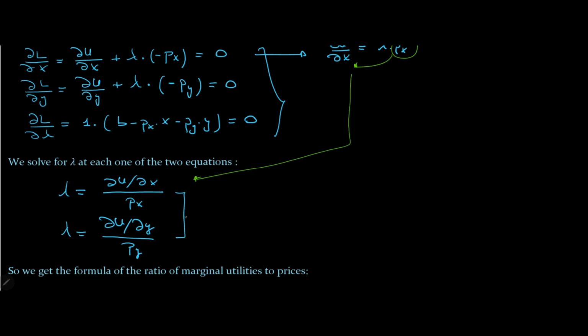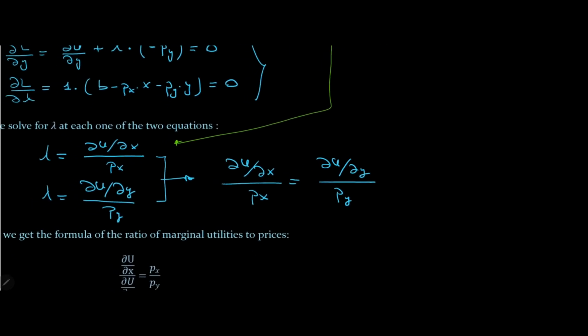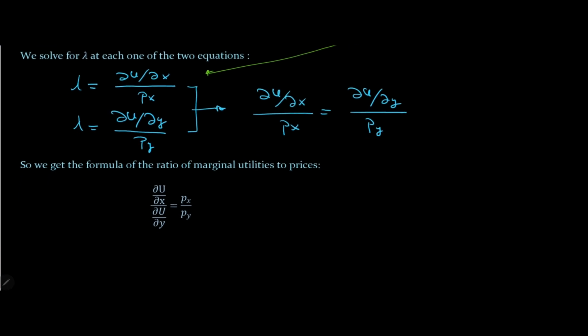Because those two lambdas are the same lambda, the partial derivative of utility according to x divided by px equals the partial derivative of utility according to y divided by py. And if we put the prices together and the marginals together, then we get what is called the ratio of marginal utilities to prices.